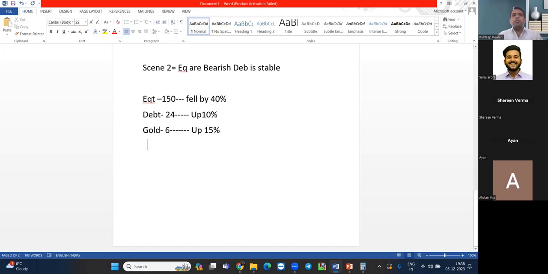So when equity fell by 40%, what would be the new value of equity? 15 times 6, that is 90 rupees. Equity would be 90 because it fell by 40%. Debt we increased by 10%, that means 26.4. Correct? New value. Ayan, Shireen ma'am, are you there with me?